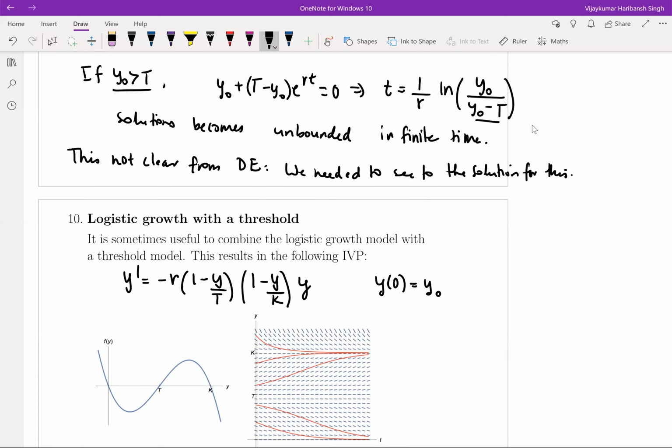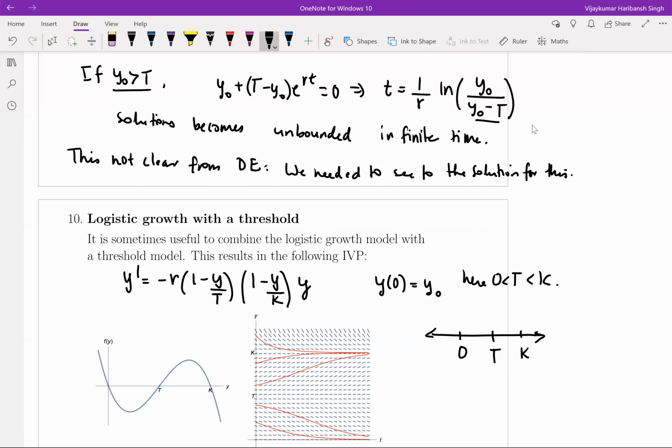So here, where does y prime become 0? y prime becomes 0 at 0, it becomes 0 at t, and of course it becomes 0 at k. We are assuming here that k is bigger than t, which is greater than 0.